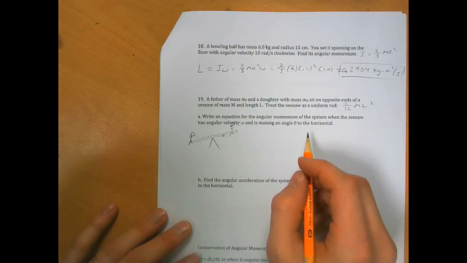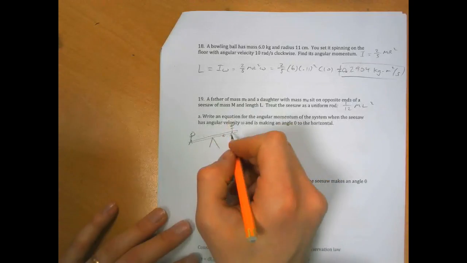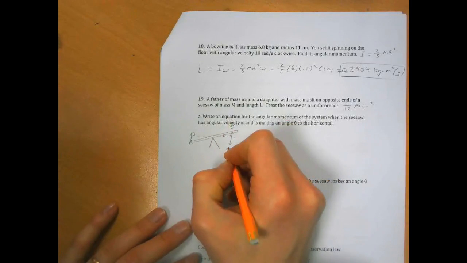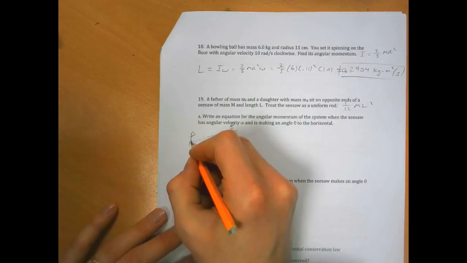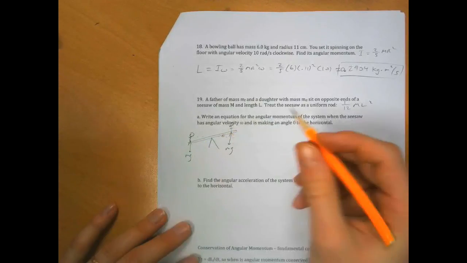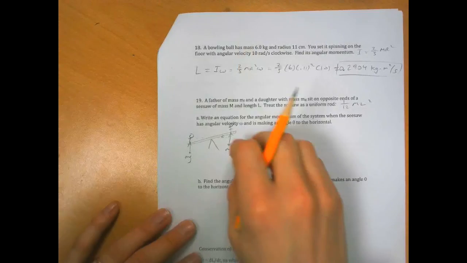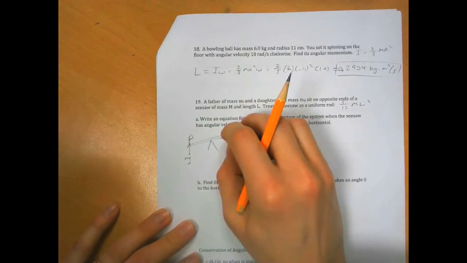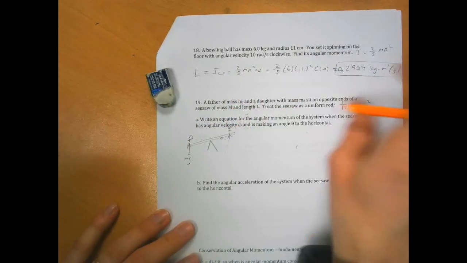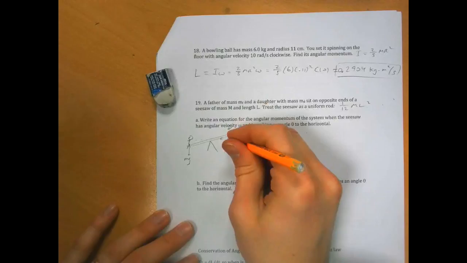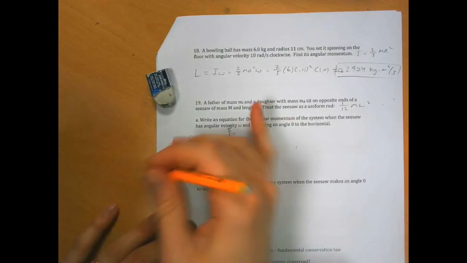So what forces do we have in this system? Well, we've got gravitational force acting on this person, gravitational force acting on this person. But actually the forces don't matter for the angular momentum of the system.